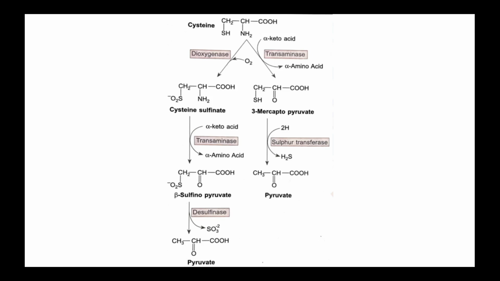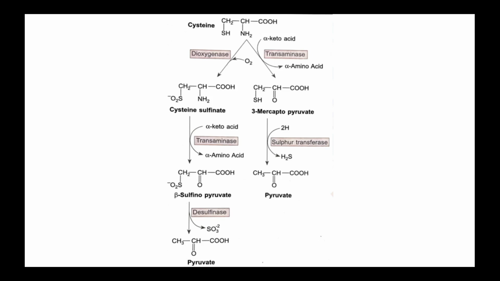So it can go via two pathways. Either it can undergo oxidation first, where the sulfur group will be oxidized, and then transamination to form beta-sulfinylpyruvate, and later the sulfur group will be removed and we'll get pyruvate.